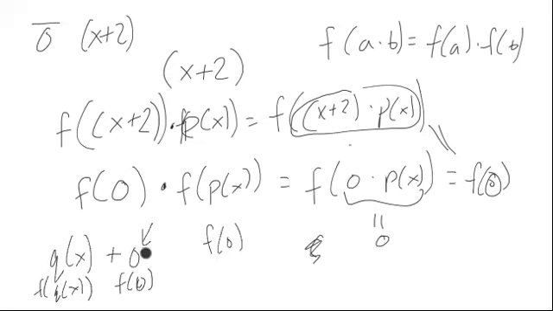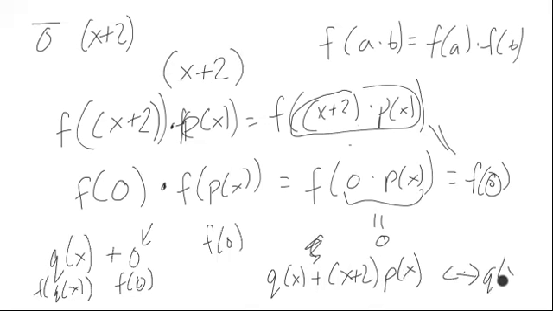Multiples of x plus 2 can replace 0. So basically what we know is that q of x plus x plus 2 times anything at all is in the same fiber as q of x. So just adding a multiple of x plus 2 within these polynomials gives us a whole chunk that has to go together, or at least part of a fiber.